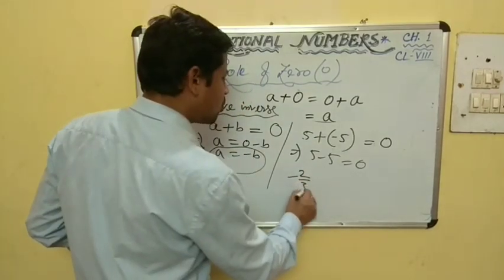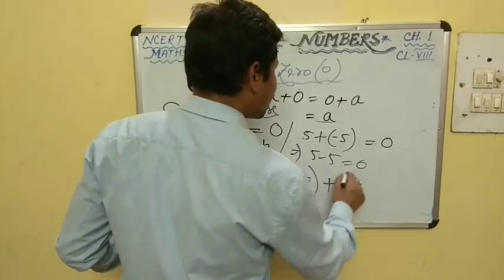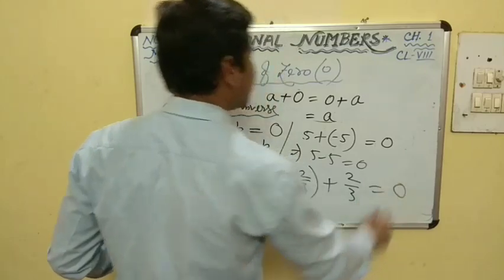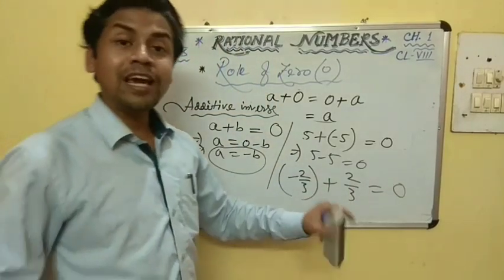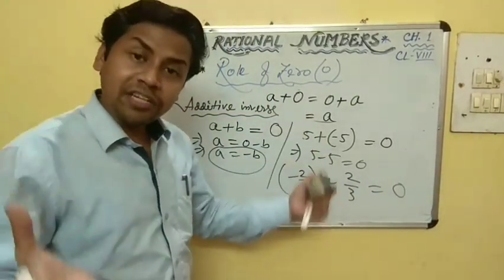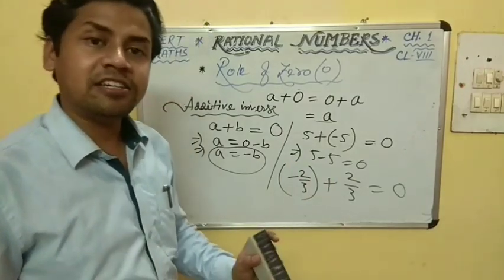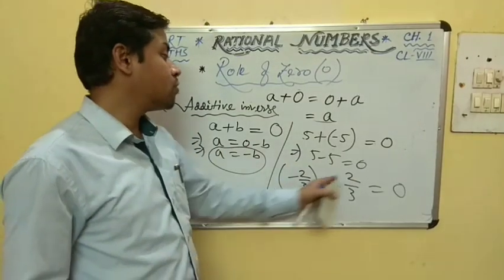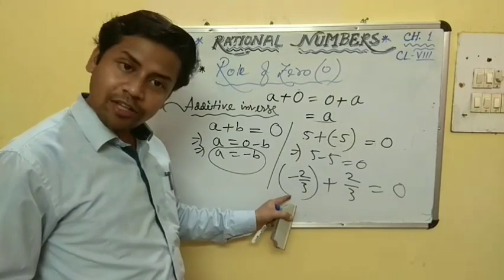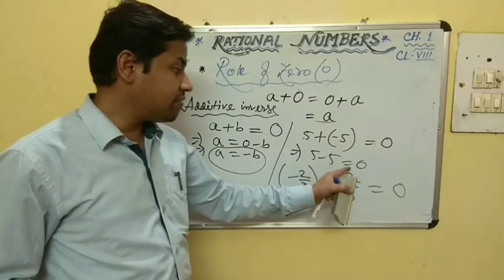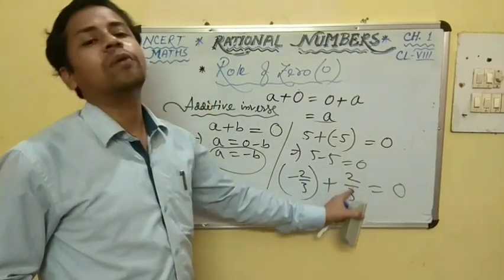The additive inverse of 2 by 3 is minus 2 by 3, because they give 0. So both of them are additive inverses of one another. That is, the additive inverse of 2 by 3 is minus 2 by 3, and the additive inverse of minus 2 by 3 is 2 by 3.